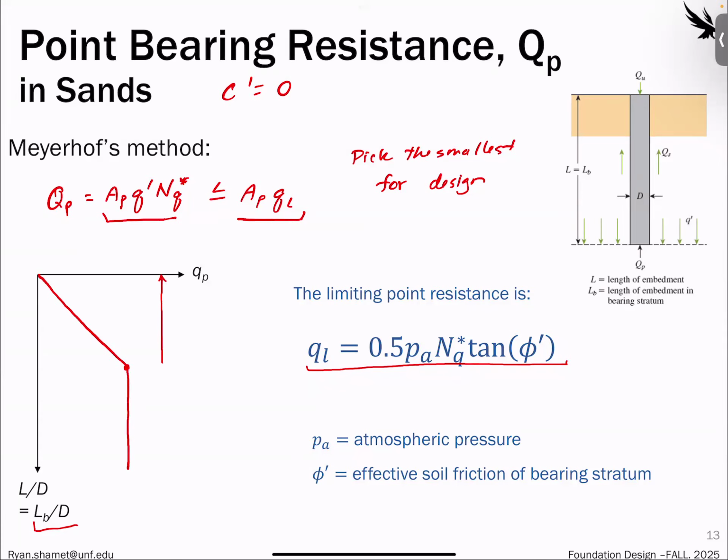Now this is occurring at some critical value, CR for critical. But at this point here, this is where our QP is equal to the QL. So the critical ratio is found through this technique here. By calculating this, we can actually find this critical embedment ratio, LB divided by D, which is sometimes used for design.